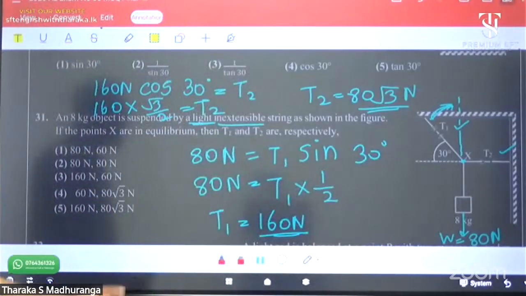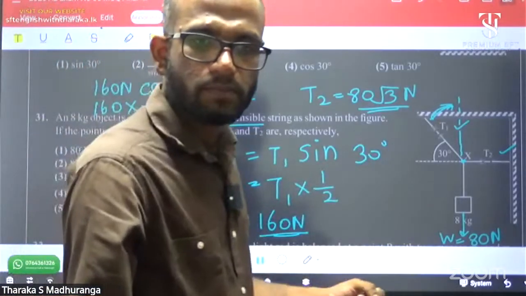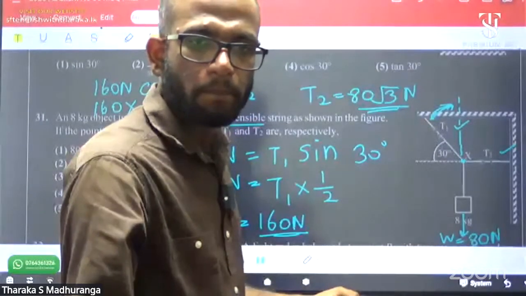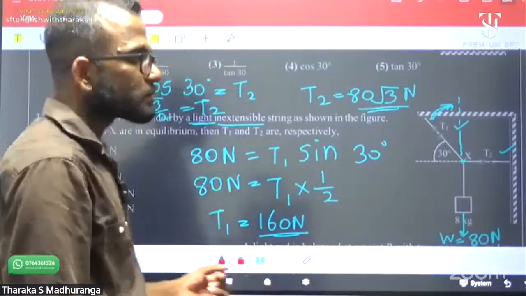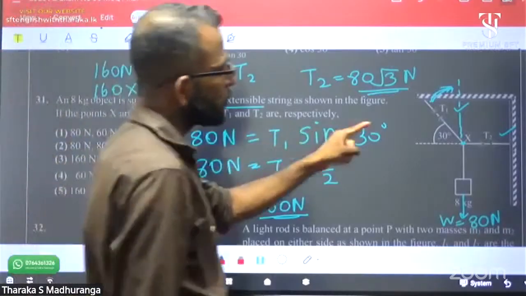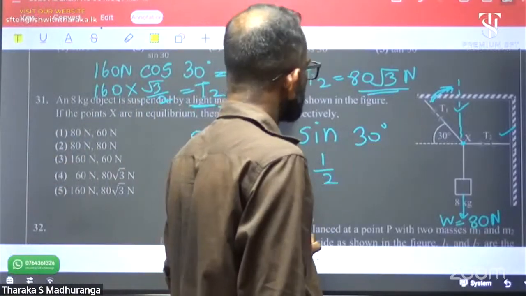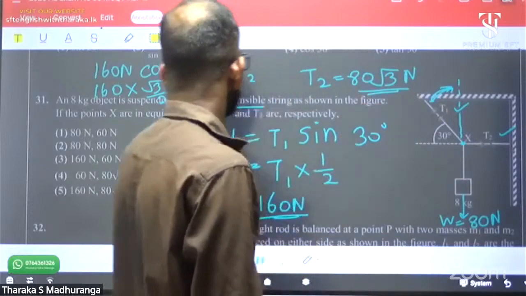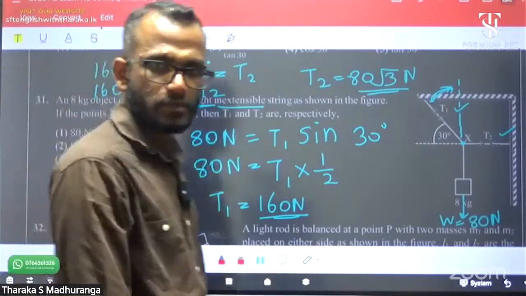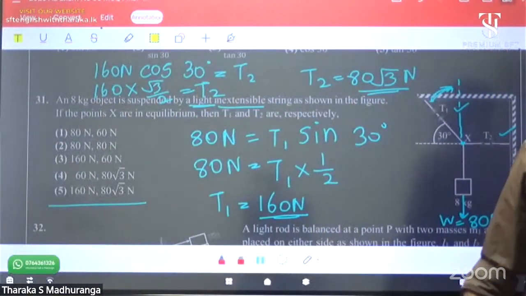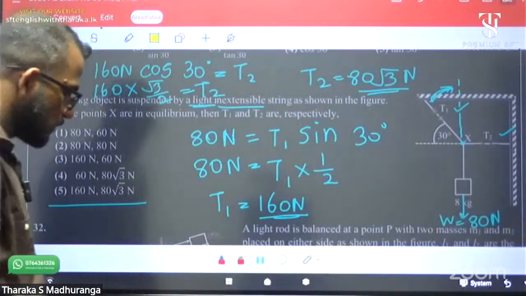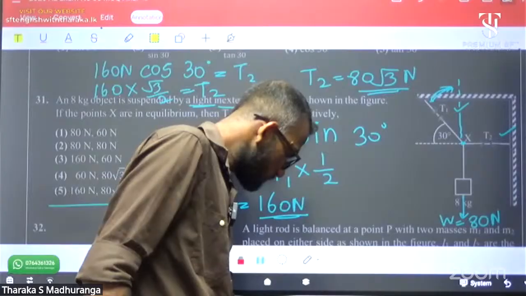Very simple, right? Then T1 equals 160, T2 equals 80 root 3. Answer number 5. If you have any doubt, please let me know; quickly send me a text message.